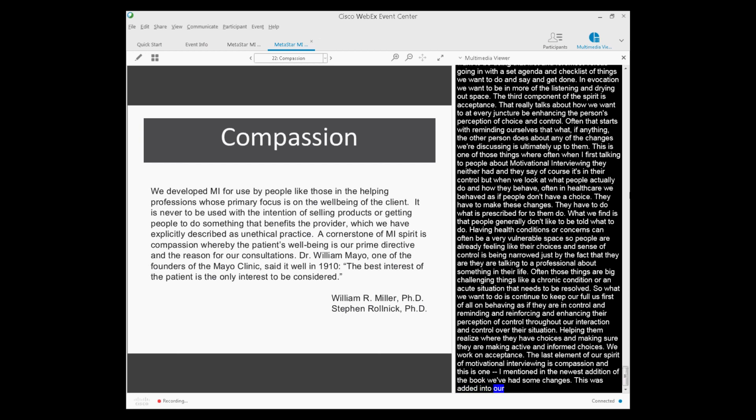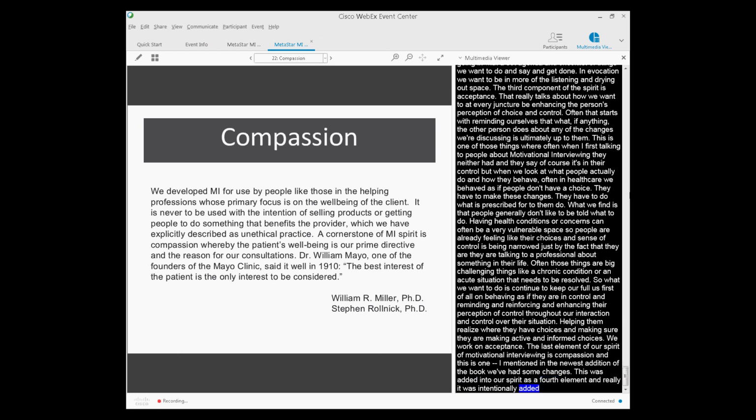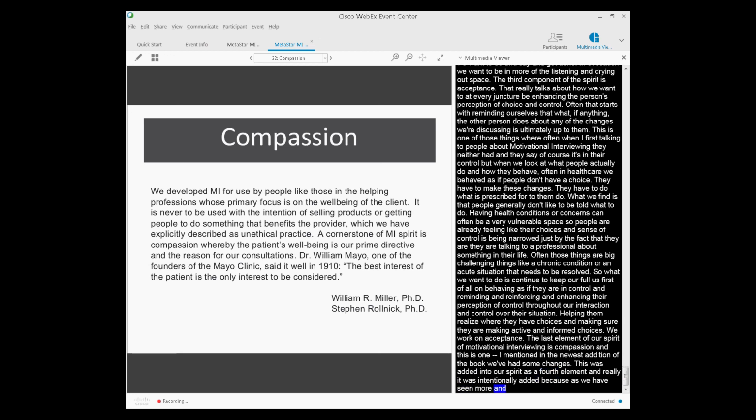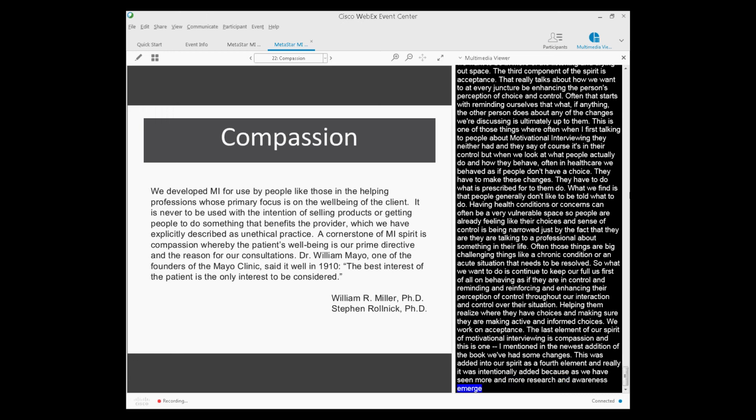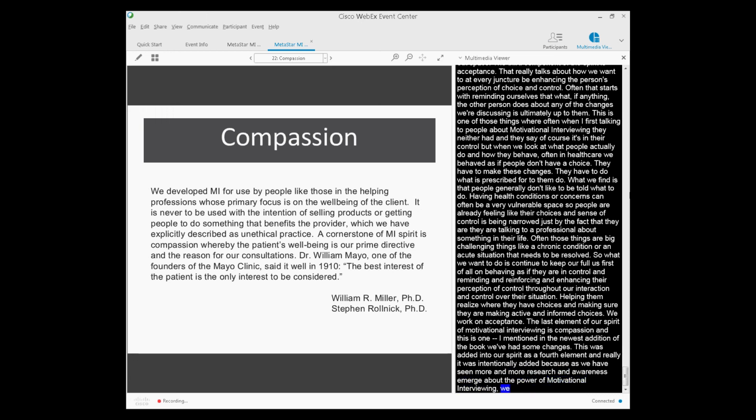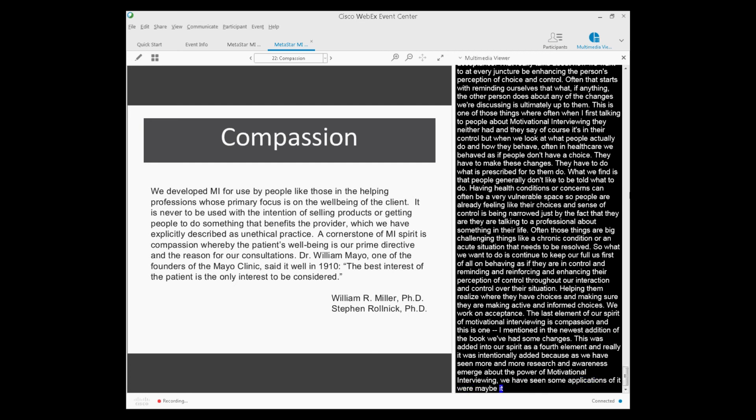And really, it was intentionally added because as we've seen more and more research and more awareness emerge about the power of motivational interviewing, we've seen some applications of it where maybe it hasn't been being used per se in the best interest of the other person. So an example of that is sales.